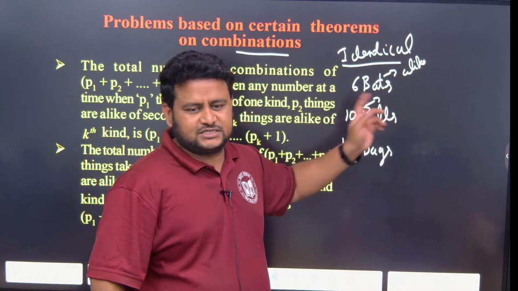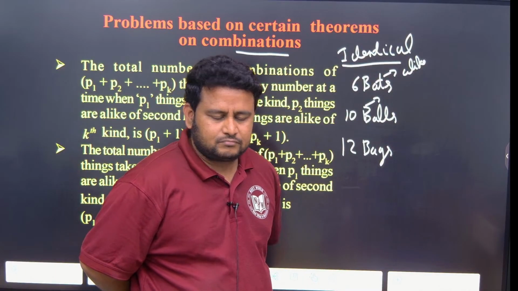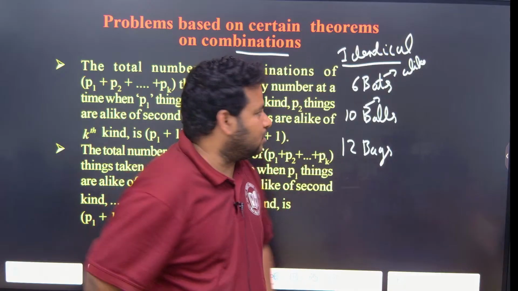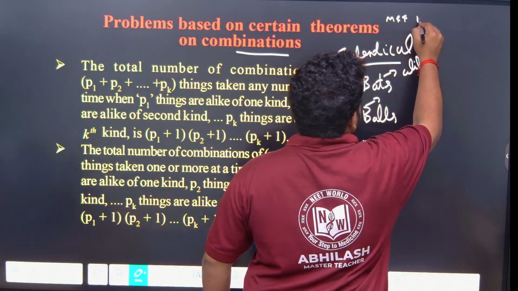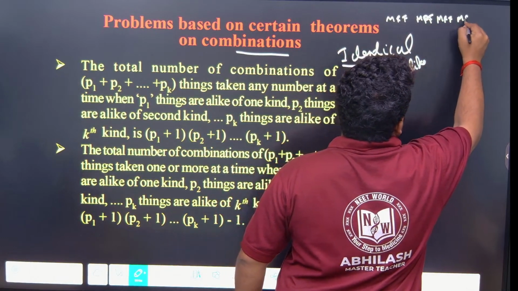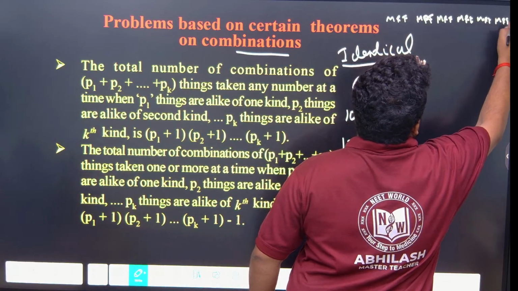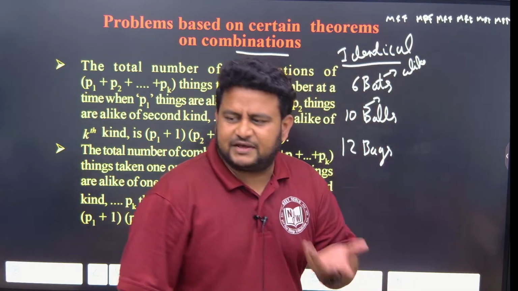Now, if I have to pick 1 bat out of 6 bats, what is the number of ways I can do? Just listen, if I talk about 6 bats, 1, 2, 3, 4, 5, 6, all are MRF. There is only one way I can pick.